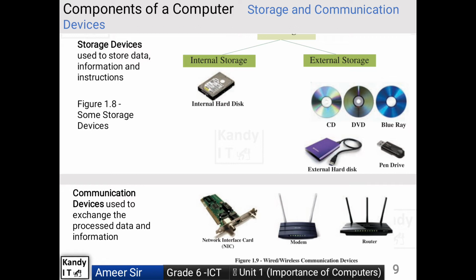Communication devices are used to exchange information between computers. We have the network interface card or the network card, the modem, which is used to translate the digital information in the computer into analog signals, or radio waves, which can be sent to the internet service provider.